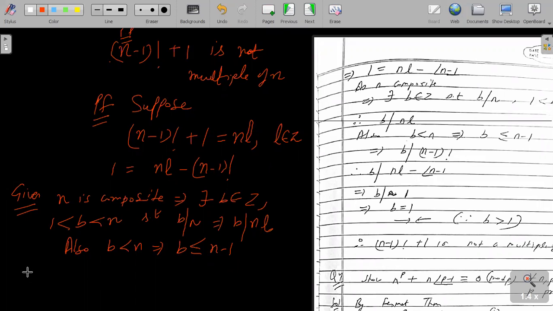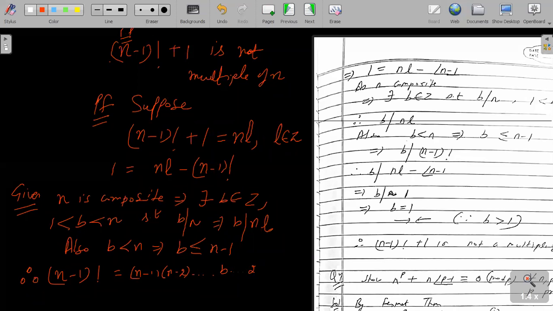So what do we get from here? The n minus 1 factorial, when you expand it, will be n minus 1, n minus 2, n minus 3, and so on up to b.